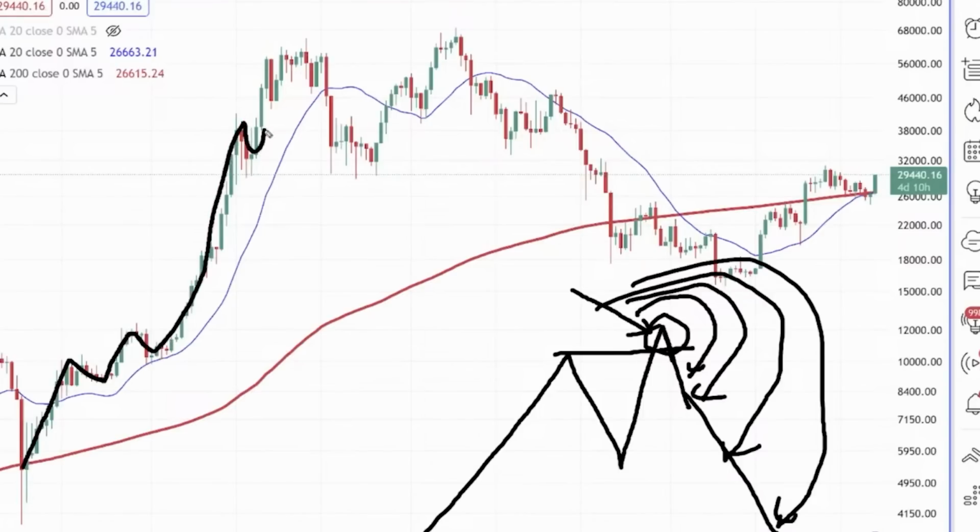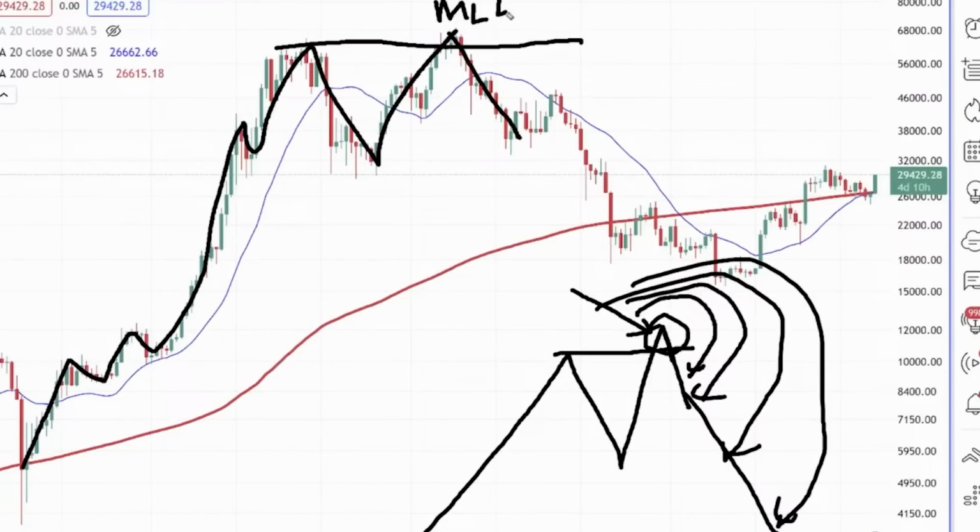You see how mild they are? And then boom, here's your first major one. Here's the move back up. And boom, market law 4.